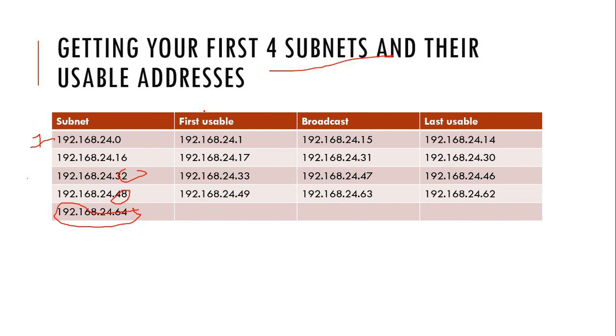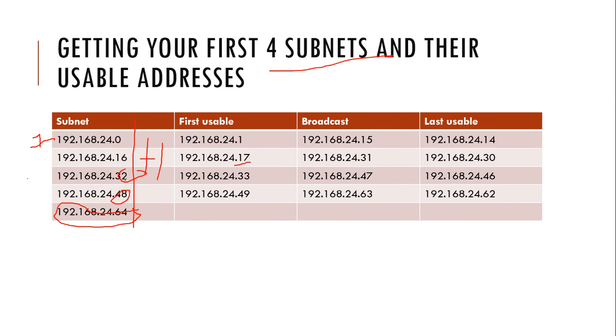In order to get your first usable addresses, it's easy. If you got these ones right, then the only thing you're gonna do is just say plus 1. We had a 0 here, then here we go, we're having a 1. We had a 16 here, it's a 17.